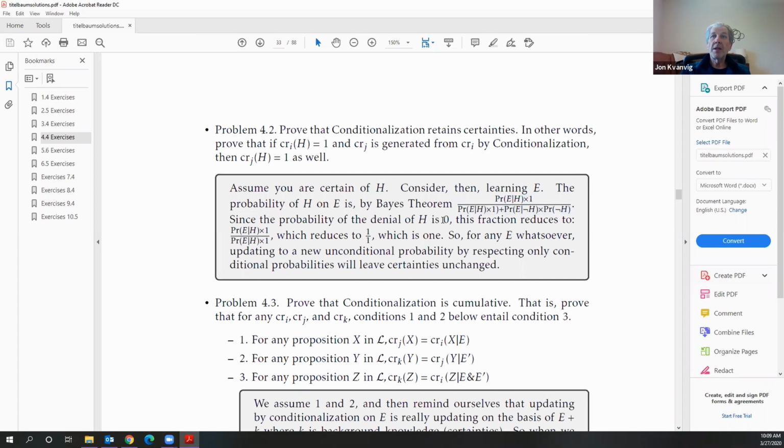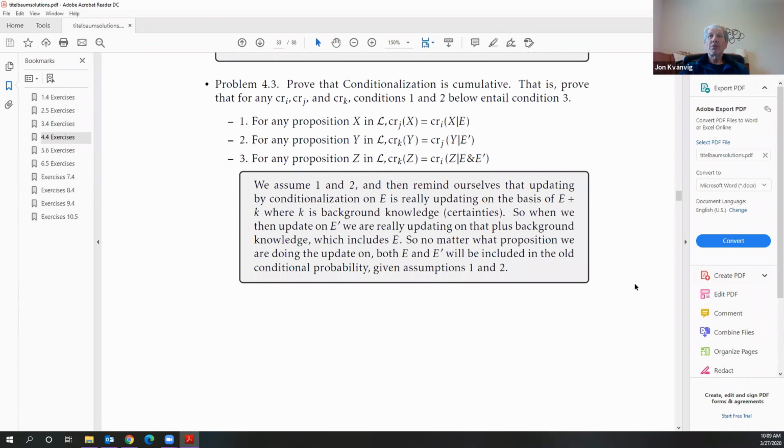Since I put in the 1s for the probability of H, and the probability of not H would then be 0, this fraction reduces to the probability of E given H times 1 over the probability of E given H times 1, which reduces, of course, to 1 over 1, which is 1. So for any E whatsoever, updating to a new unconditional probability by respecting conditional probabilities will leave certainties unchanged.